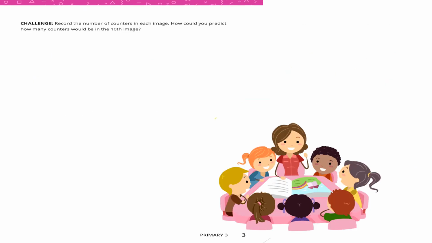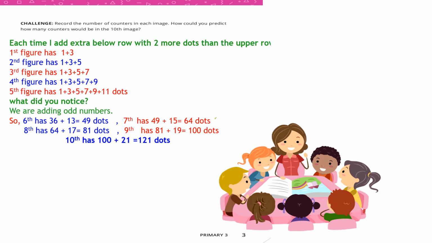Now let's move to a challenging part. Record the number of counters in each image. How could you predict how many counters would be in the 10th image? We recognized that each time I add an extra row below with 2 more dots than the upper row.